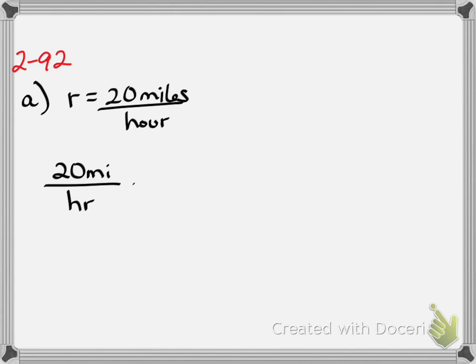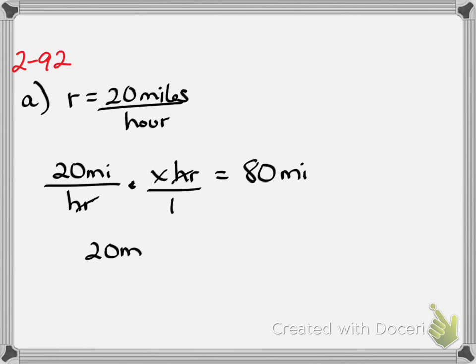I guess we would do that times how many hours equals 80 miles. And then our hours would cancel. So we'd have 20 miles. Well, it's 4, but I'm not exactly sure how to solve it this way.